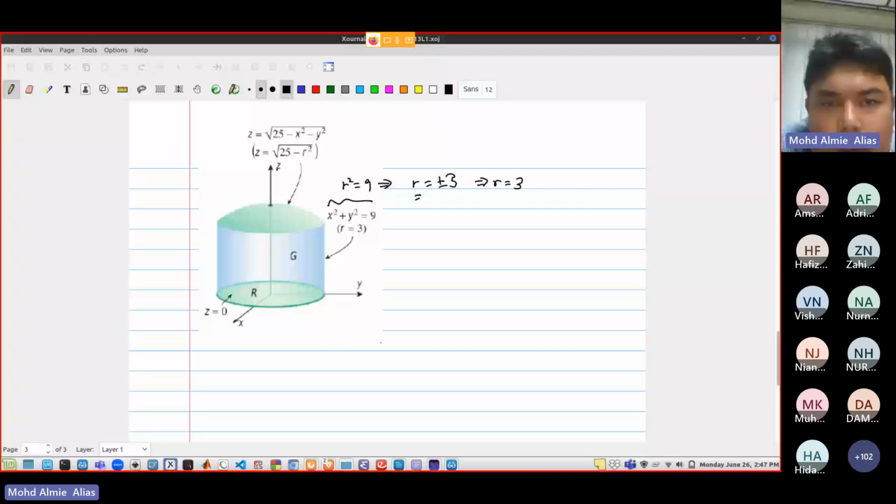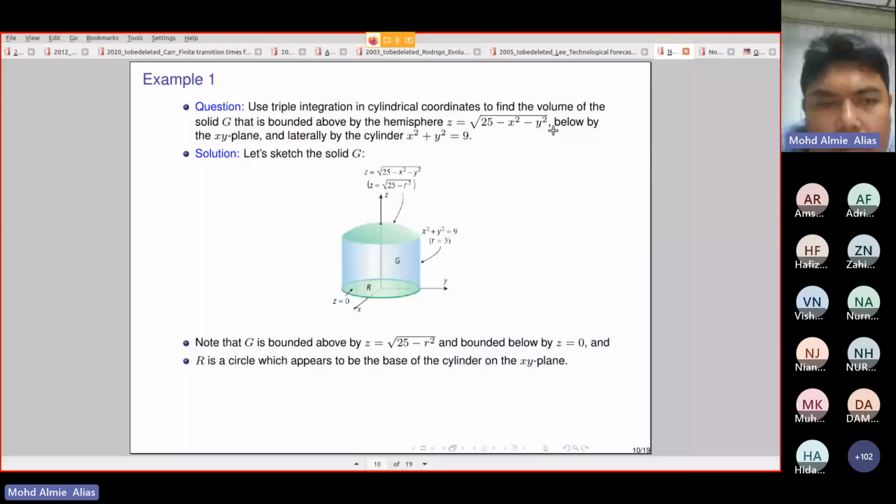Here the solid G is bounded below by the xy plane. Why? Because the solid G is bounded laterally by the cylinder, and the cylinder can be infinite in any direction.